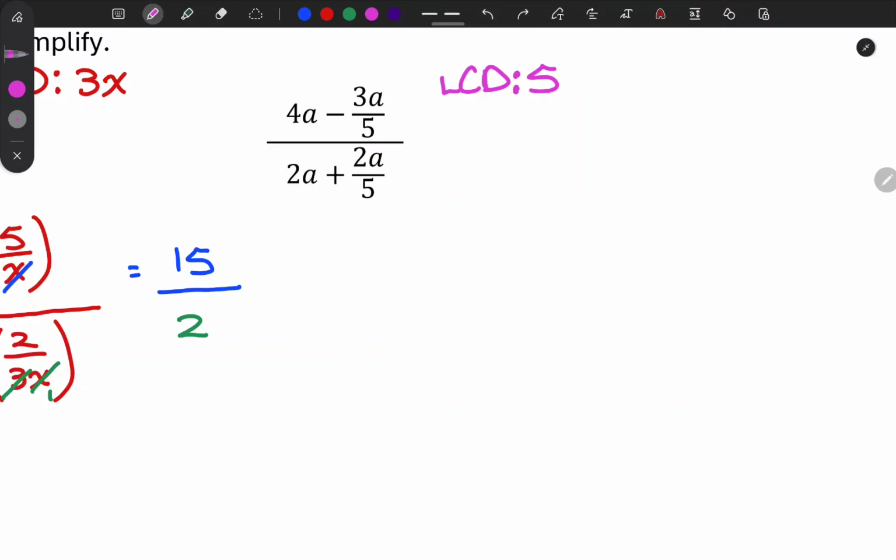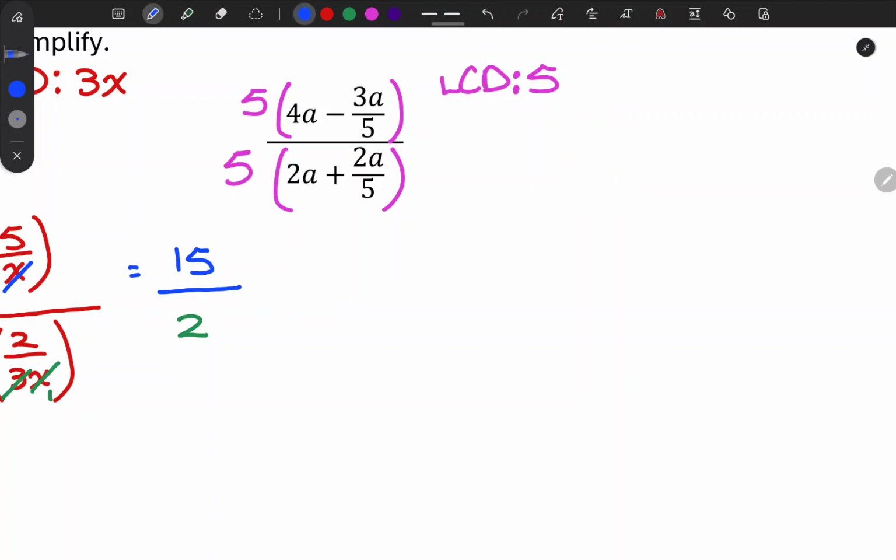So what I'm essentially going to do is take my numerator and multiply everything by 5. Take my denominator and multiply everything by 5. Keep in mind, what I'm essentially doing is taking the whole rational expression and multiplying it by 5 over 5, which is like multiplying by 1. It's not really changing the value. We're writing an equivalent expression.